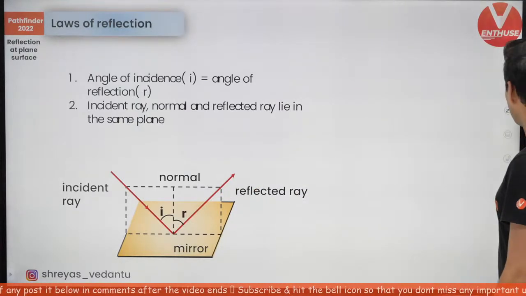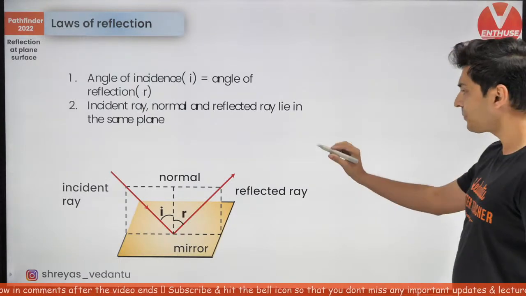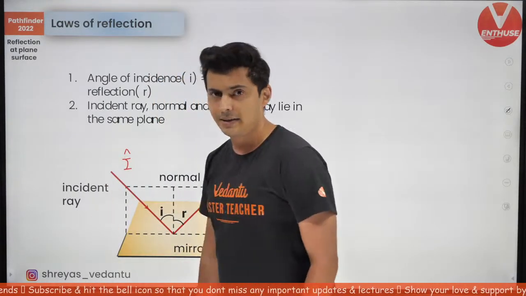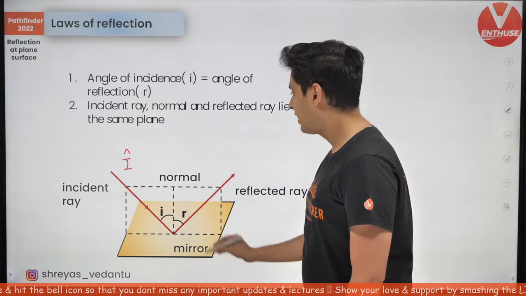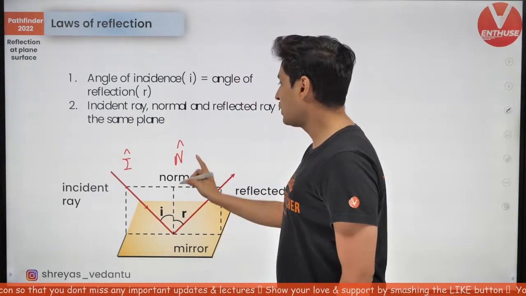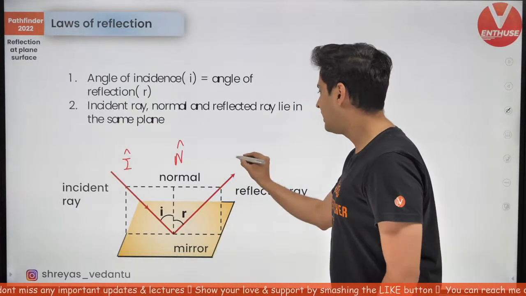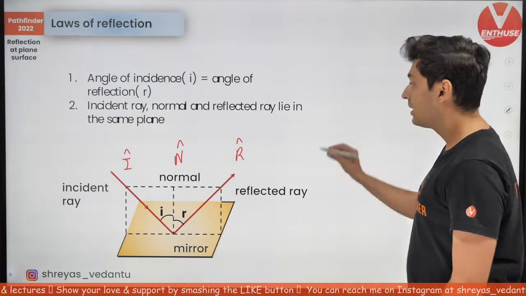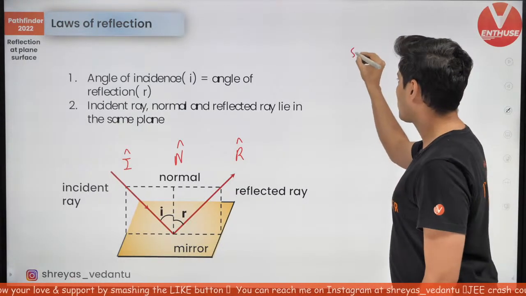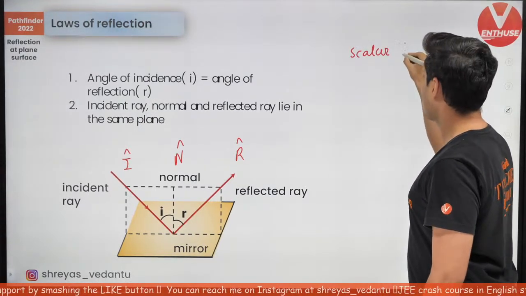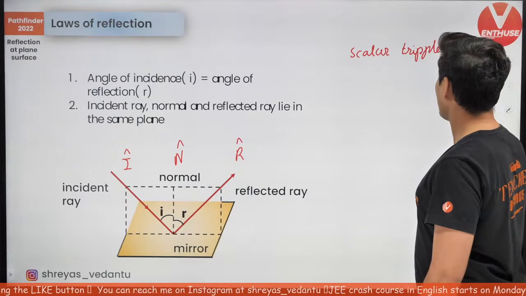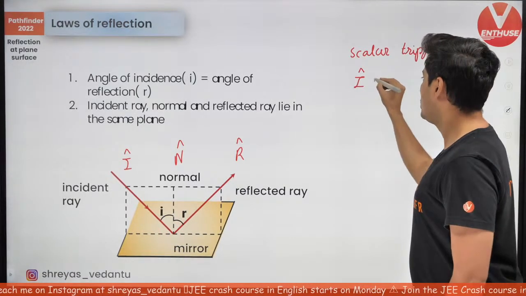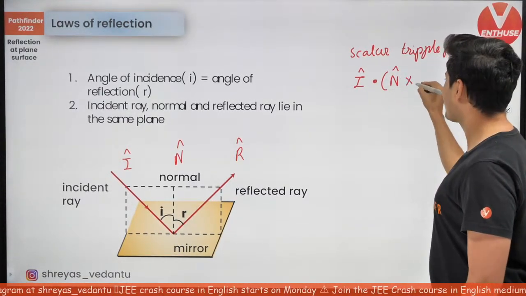There is one interesting thing though, which I would like to mention at this point of time. If the incident ray is given by I hat vector, a unit vector in the direction of the incident ray, N hat vector represents a unit vector in the direction of the normal, and R hat vector is a unit vector in the direction of the reflected ray, then remember the scalar triple product, I hat dot N hat cross R hat.